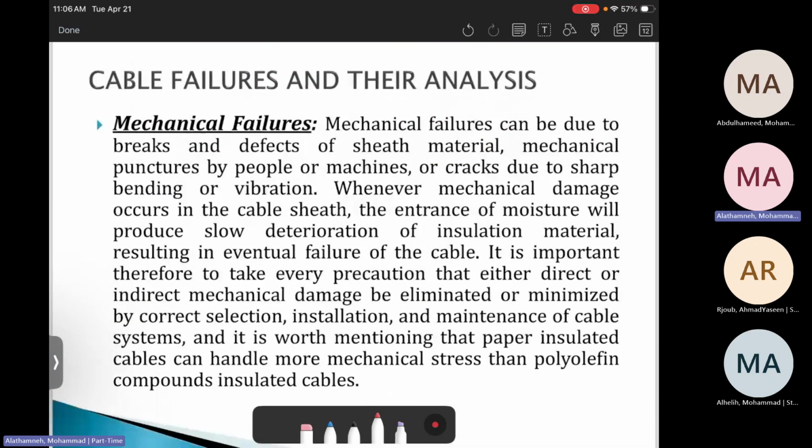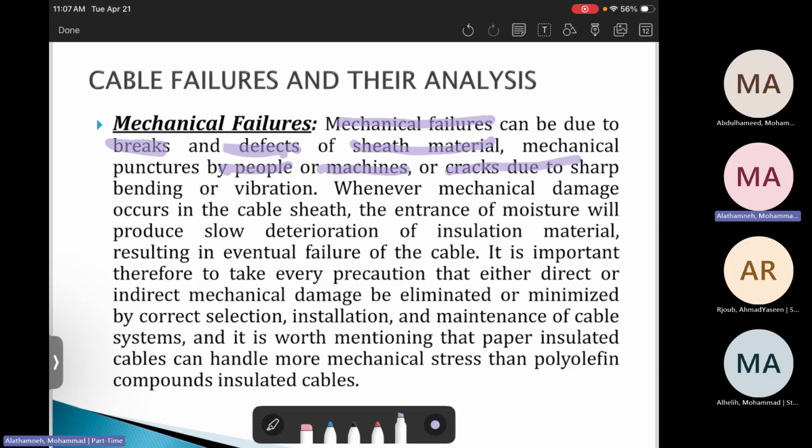So, cable failure and analysis. Let's talk about cable failure. There is mechanical failure. Mechanical failure can happen due to mechanical breaks, defects of sheath materials, mechanical punctures by people when they are digging into the ground, or by machines, or cracks due to sharp bedding or vibration.